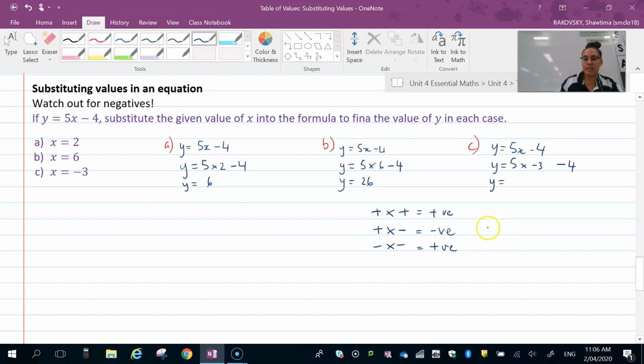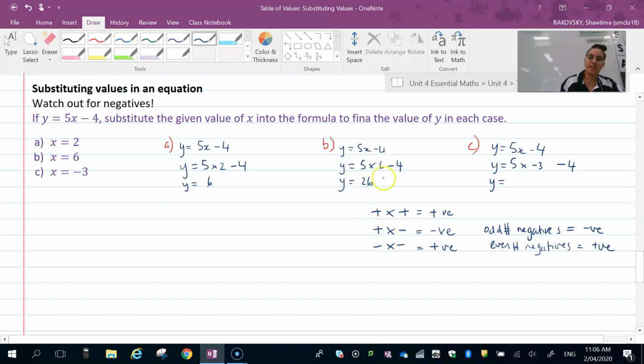The shortened version is: if you have an odd number of negatives, the answer will always be negative. And if you have an even number of negatives, the answer is going to be positive. So what I mean by that is this one is for 2, 4, 6, 8, and 0 or 10. And this one here is for 1, 3, 5, 7, 9.